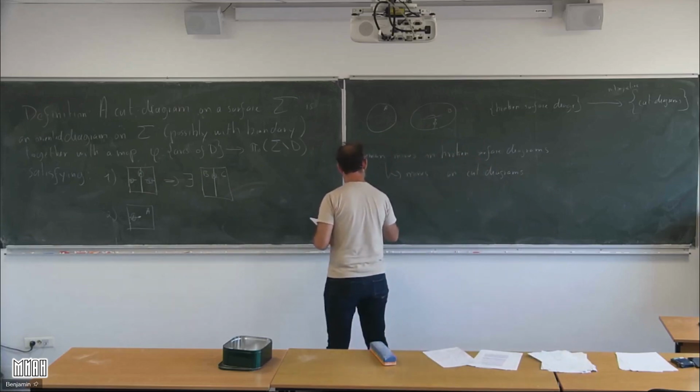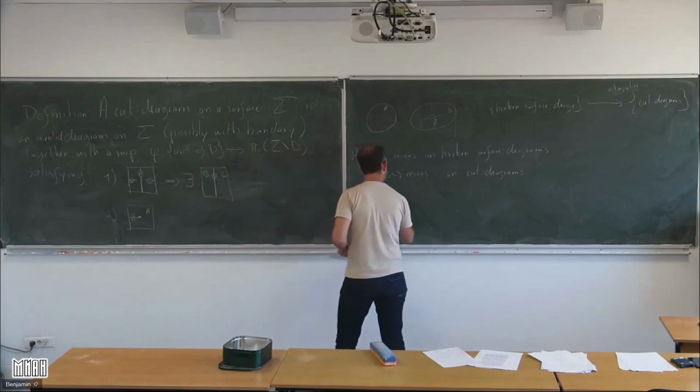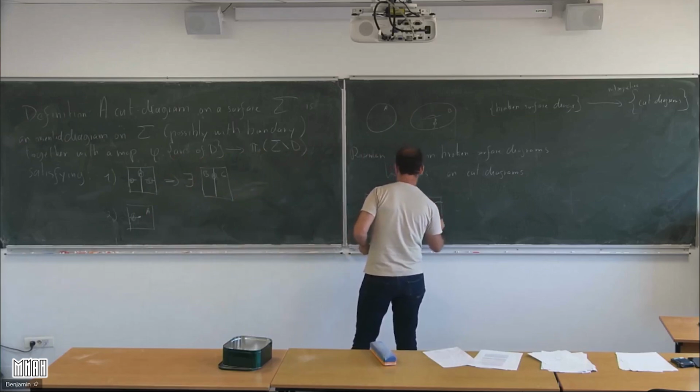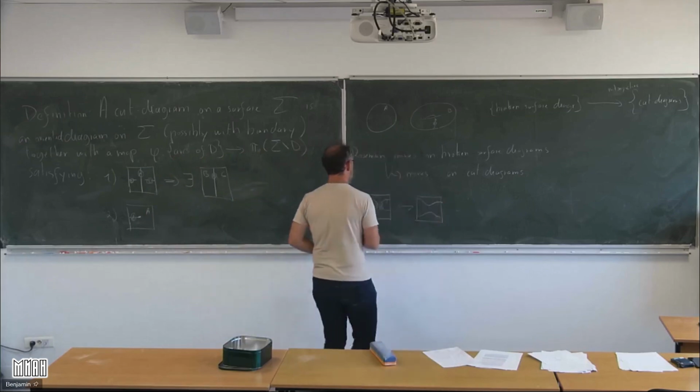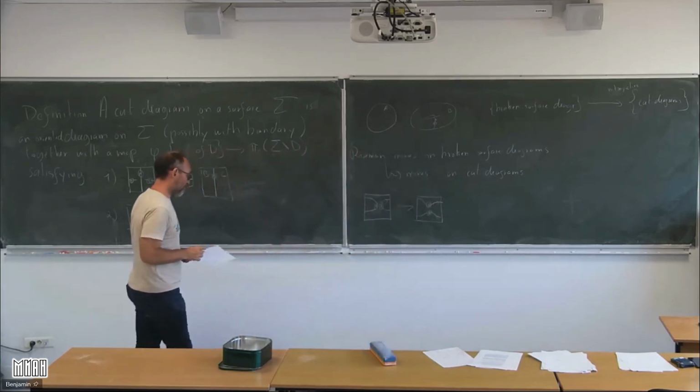So the first one is some kind of saddle move. If I have 2 arcs which have the same label and with corresponding orientation, then I can make a saddle move, keeping the label A here. So this is the first move.